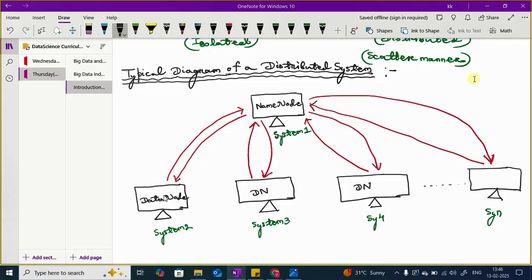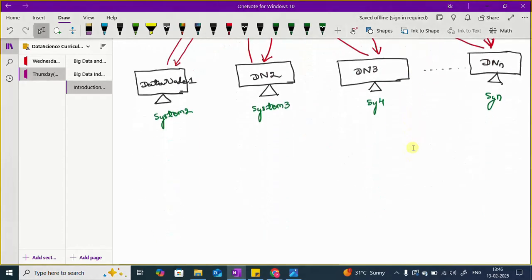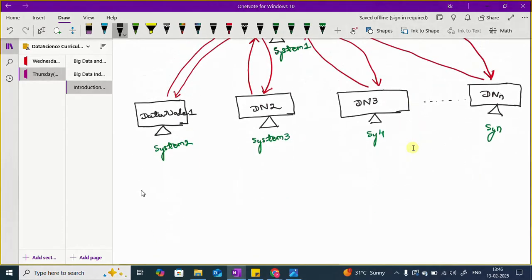So if I say, let's say, data node 1, then this will be data node 2, then data node 3, and so on, then this will be data node n. Clear, guys? Data node n.